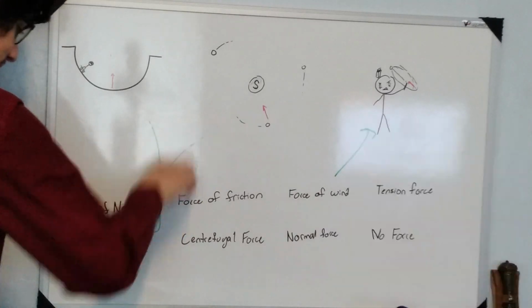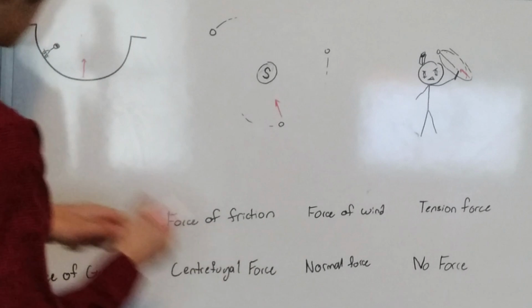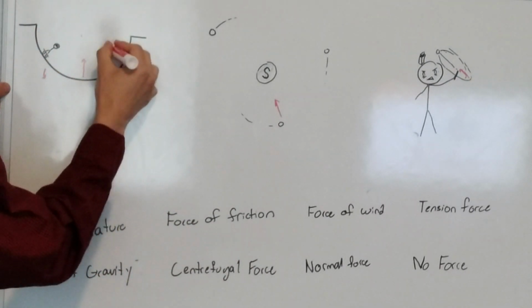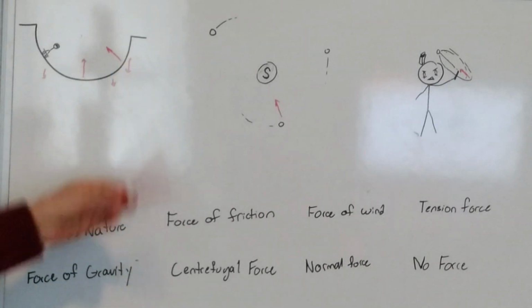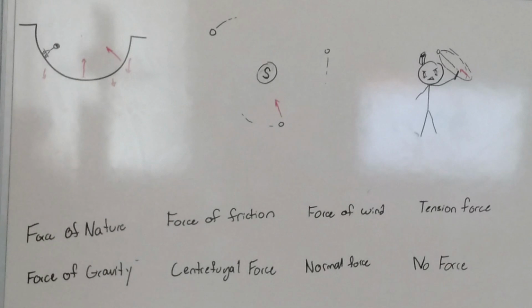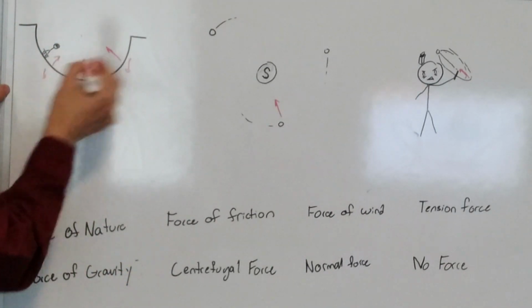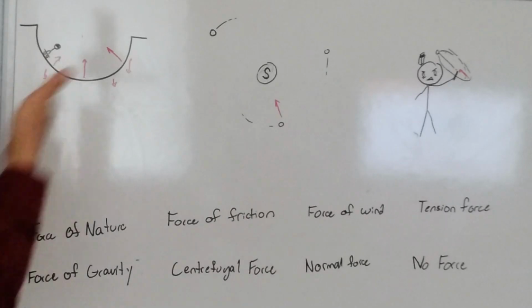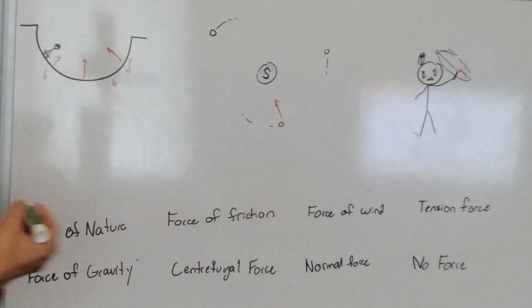In this case here, the force of gravity will always be pointing down no matter where the skateboarder is along its path of travel. And that's not what causes circular motion. However, the normal force always is perpendicular to the surface. And in this case of a curved surface, it's always pointed to the focal point of that circle.